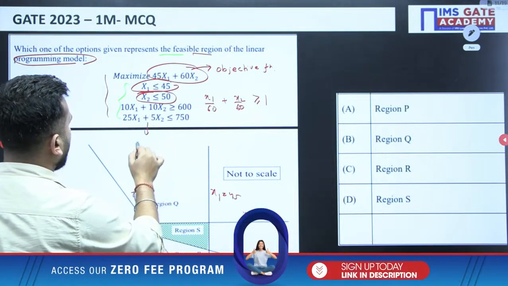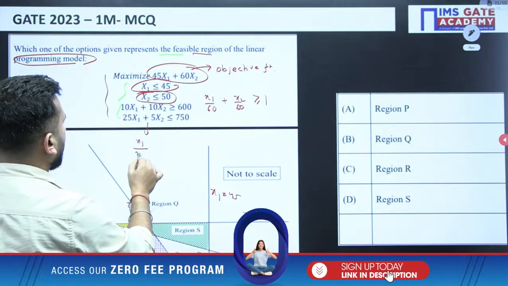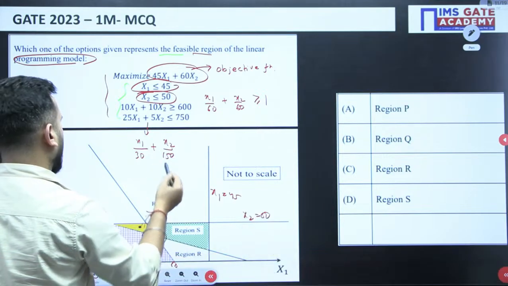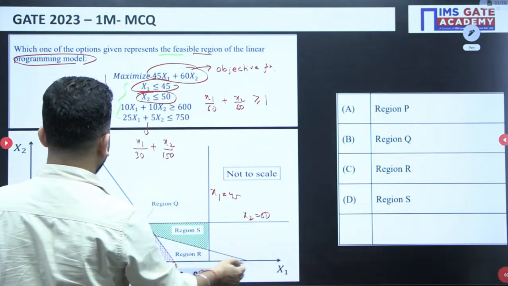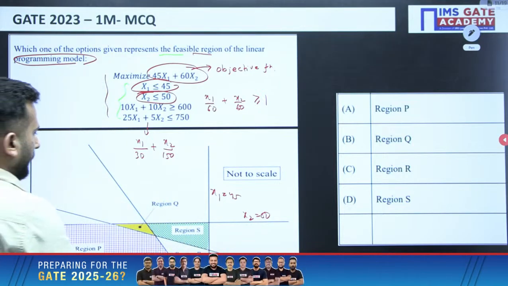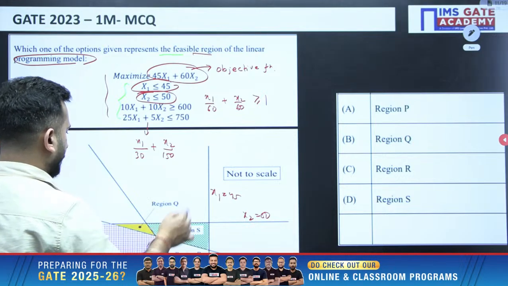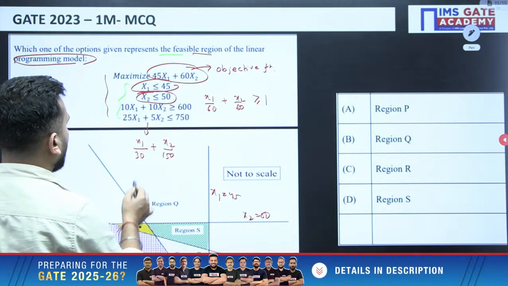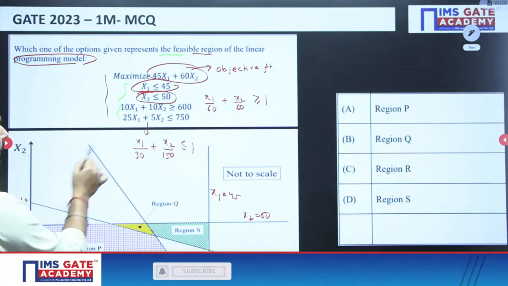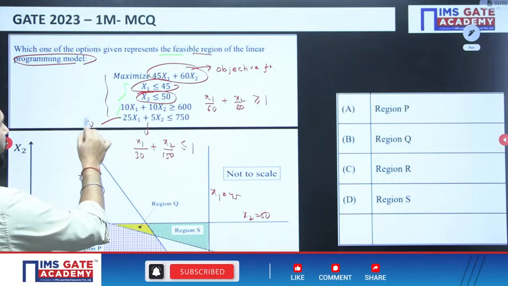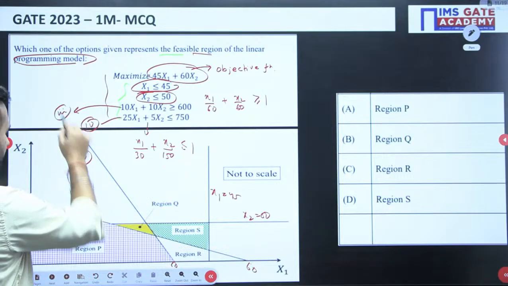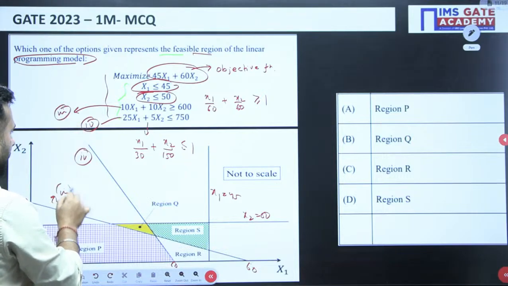And the last one is x1 by 30 plus x2 by 150 less than or equal to 1. So intercepts 30 and 150 is this one. That means this is equation 4, and this is equation 3.